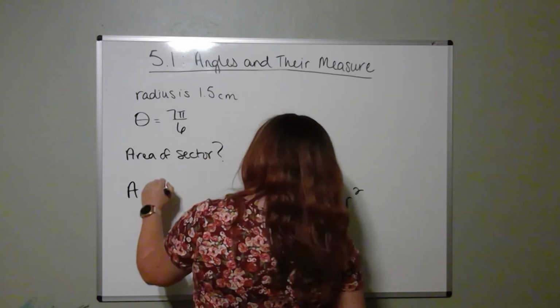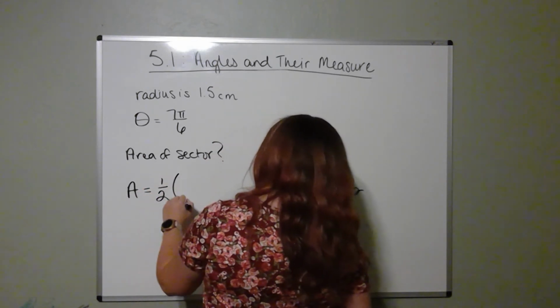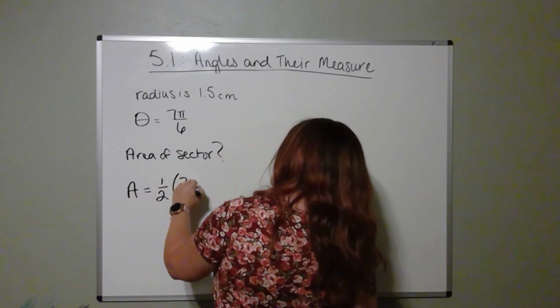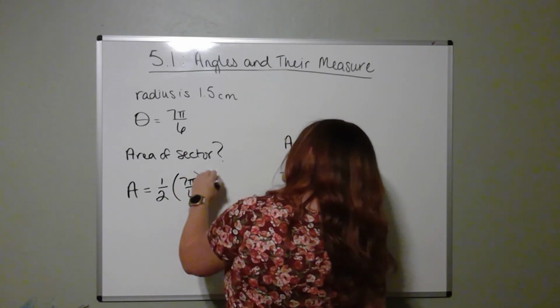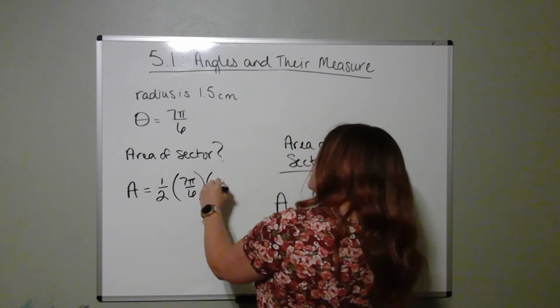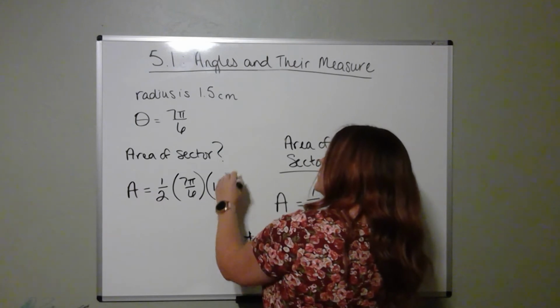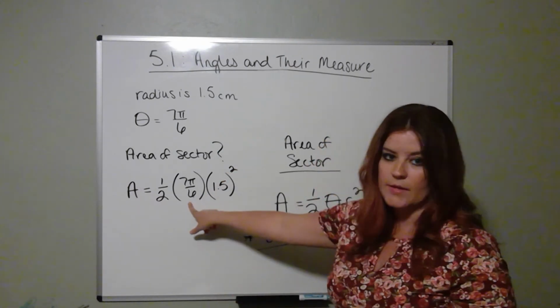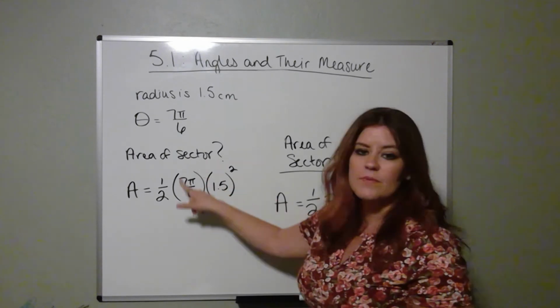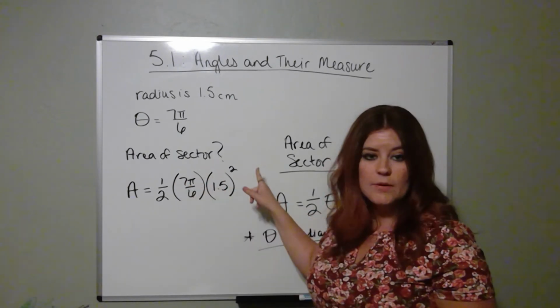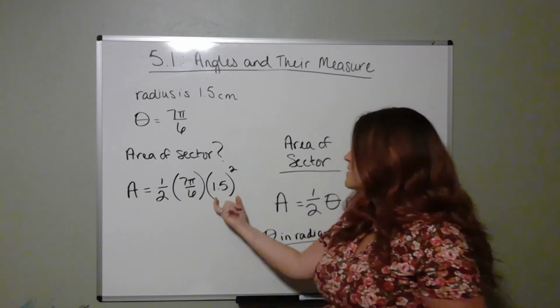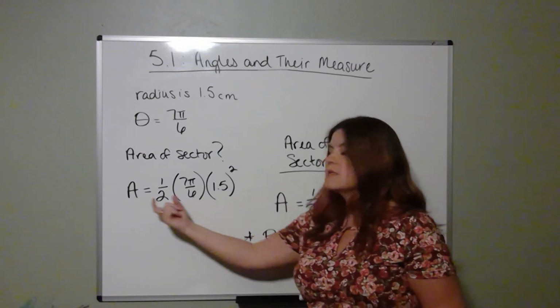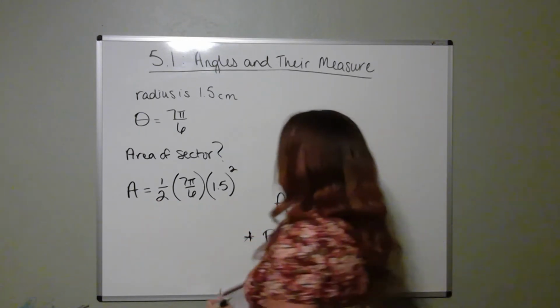So the area here is 1/2 times theta, so 7 pi over 6, times r squared. Make sure the only thing you square is r. Theta doesn't get squared. Make sure you don't multiply these together and then square. Order of operations: you square this one thing, then you can continue with the multiplication.